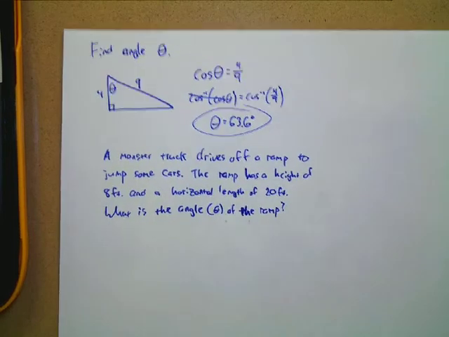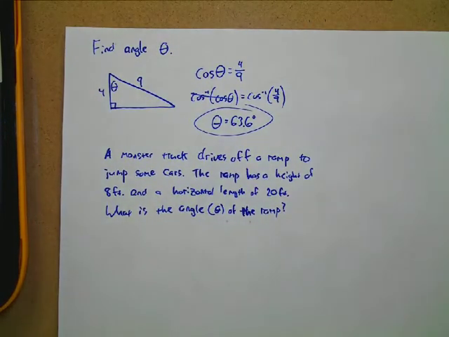Okay, so go ahead and try and draw the picture for this. You don't have to draw the monster truck, just the ramp, right? Really, we're trying to solve for the ramp there. So the ramp has a height of 8 feet and a horizontal length of 20 feet. What is the angle theta of the ramp?